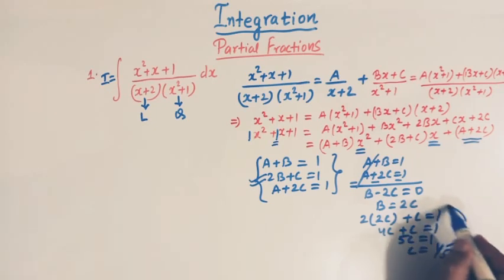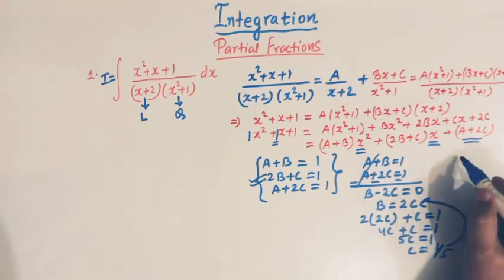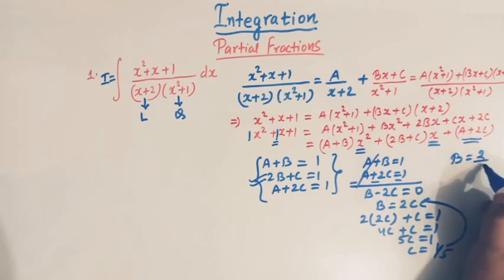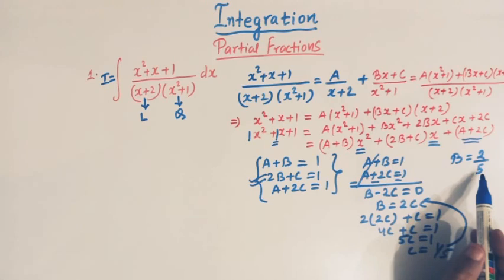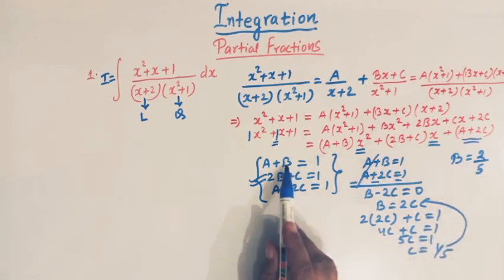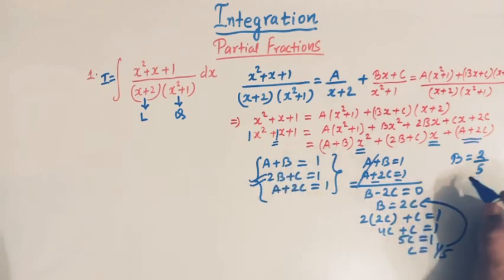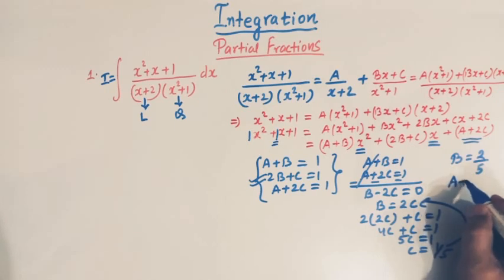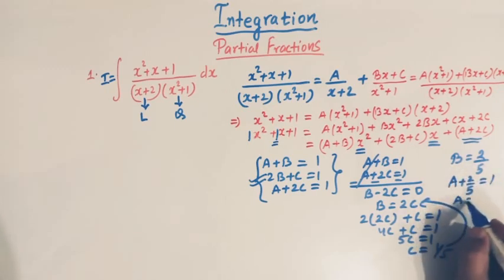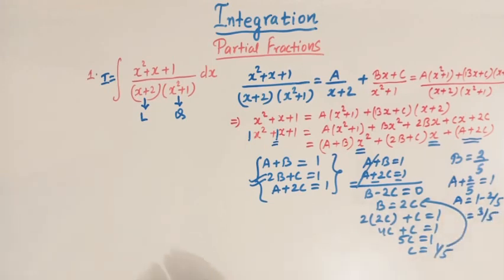Now substituting this value here, the value of b becomes 2 by 5, and if we substitute this value of b here, we get a plus 2 by 5 is equal to 1, and a is equal to 1 minus 2 by 5, that is 5 minus 2, that is 3 by 5, right?